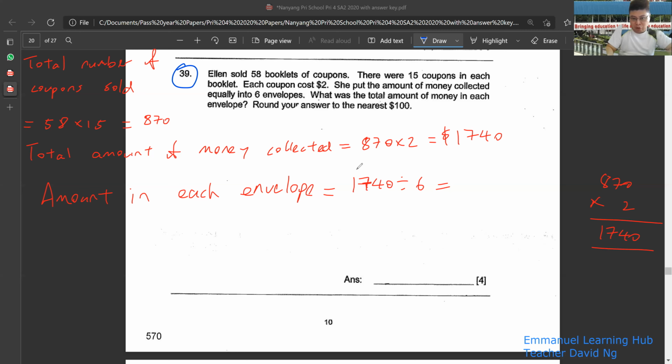Then you know how to do this division, right? You do the long division. 1740 divided by 6, you do work out. You will get 290. But the question doesn't end here. Nearest $100. What must you do? Round it to the nearest. Which is how much?